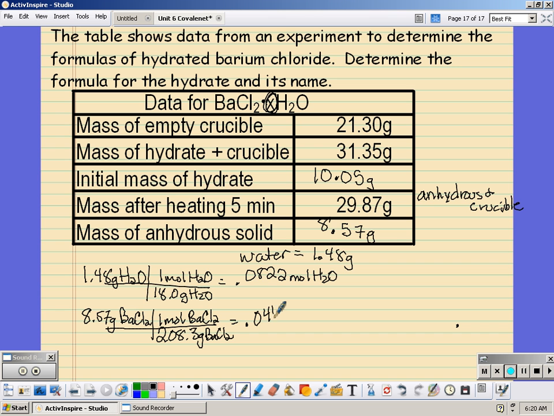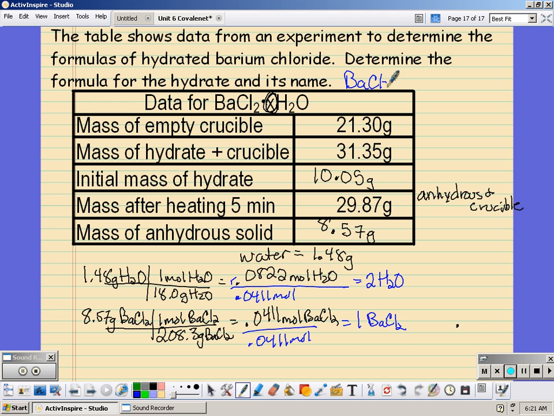And then you divide by the smallest. Okay, so that tells us we have 1 barium chloride and 2 water. So if we come back up here, that means X is 2. So the formula is BaCl2 dot 2H2O.